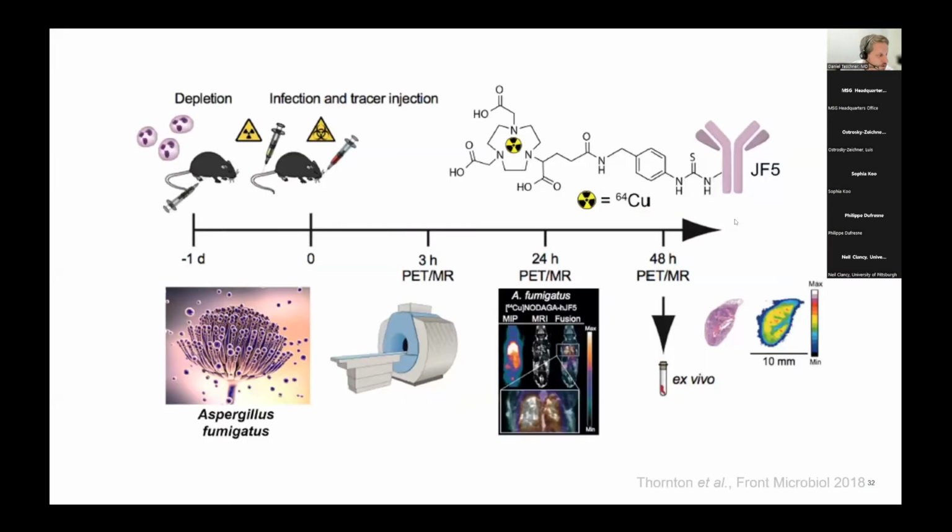Another technique, even more fungal specific, is to take the Aspergillus-specific monoclonal antibody, label it with copper, and check in neutropenic mice infected by Aspergillus whether you can detect the fungal infection. And in the lab with mice, this works very well.